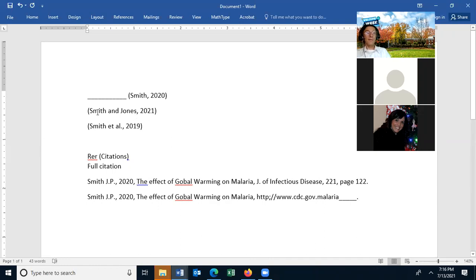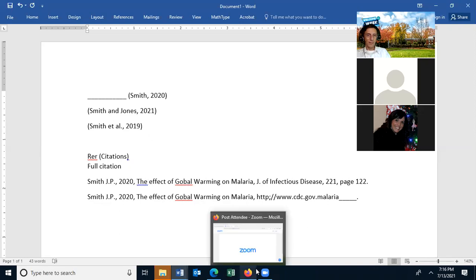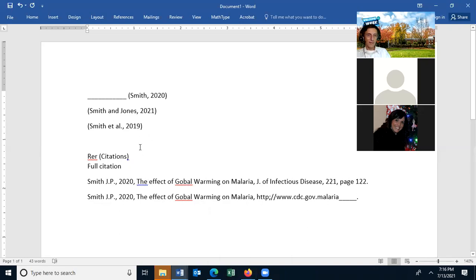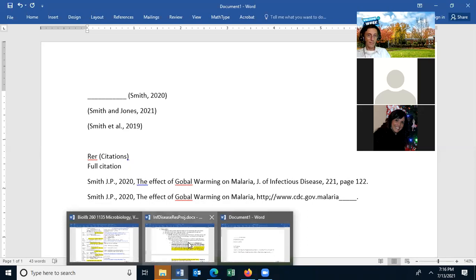And then you must have it in the correct format. And then the full citation should have all of the information. And the full citation should have all of the in-text citations. And let me see how many points. I think the in-text citation is worth 10 points.